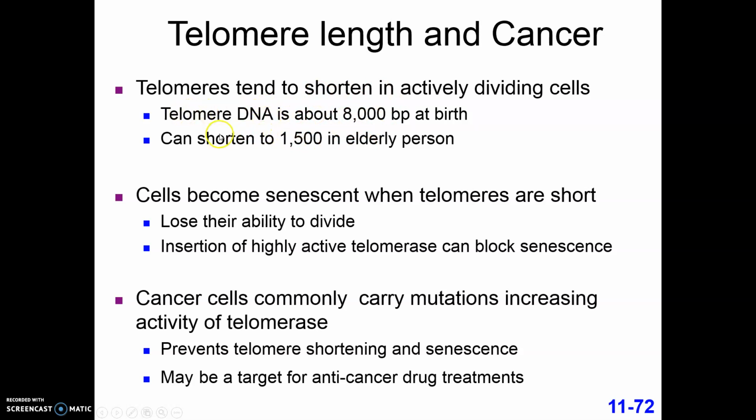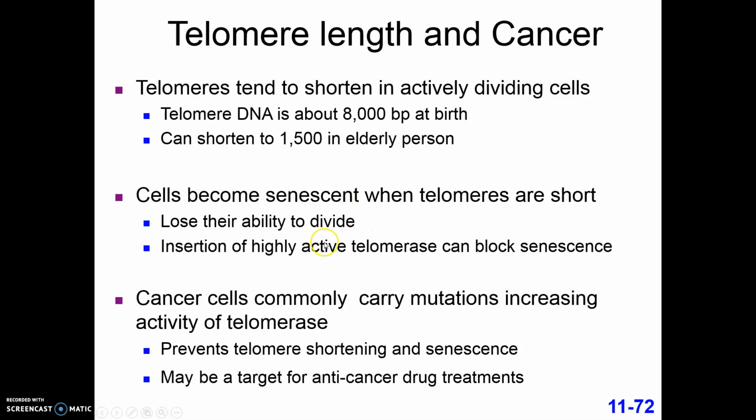This will lead to a shortening of telomeres. So at birth, our telomeres are about 8,000 base pairs in length. In an elderly person, they can get as short as 1,500. Now, the problem that occurs is as the telomeres get to a certain shortness, the cell preemptively turns off its ability to divide, or becomes what we call senescent.